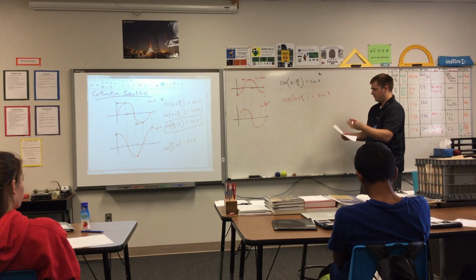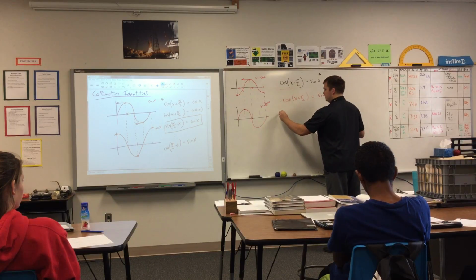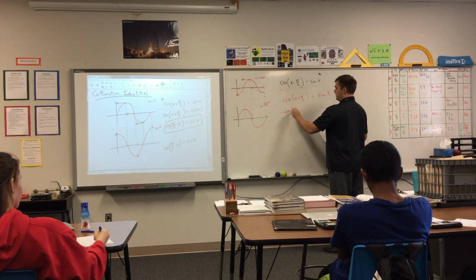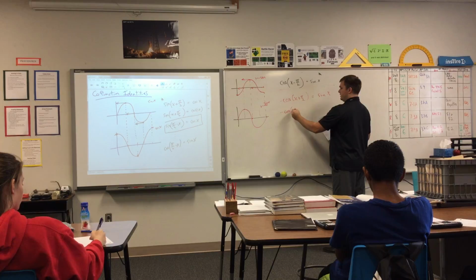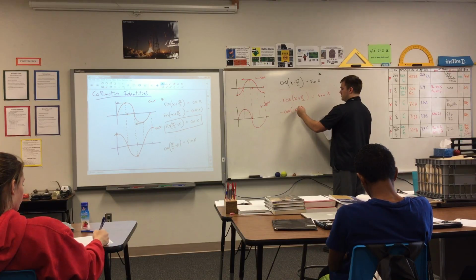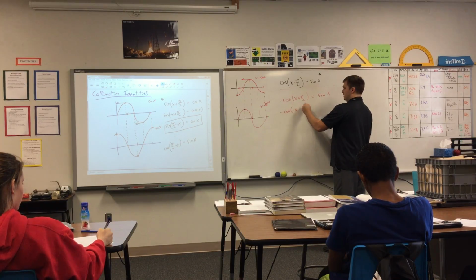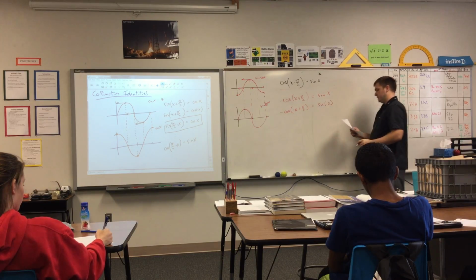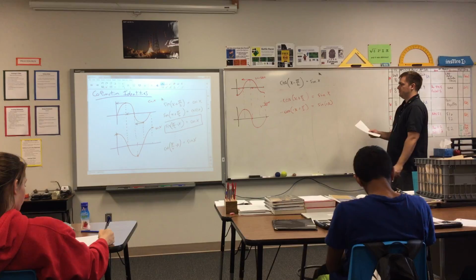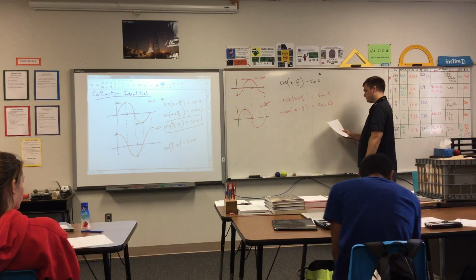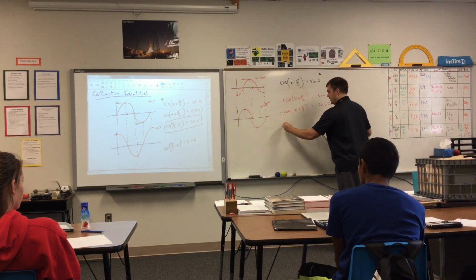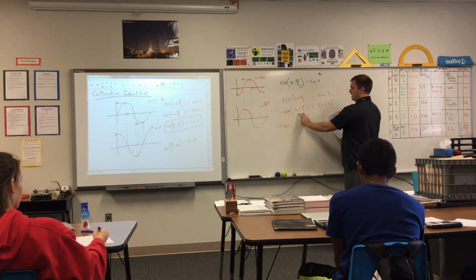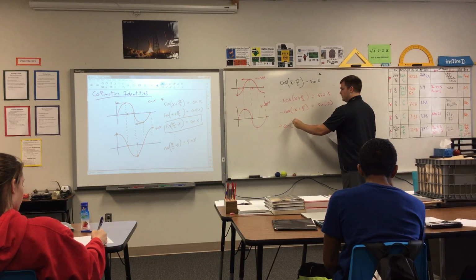And then we do the same kind of trick. We say negative cosine, and I've substituted a negative x right there. Negative x plus pi over 2 equals sine of negative x. You have negative cosine. I'm going to rearrange those.